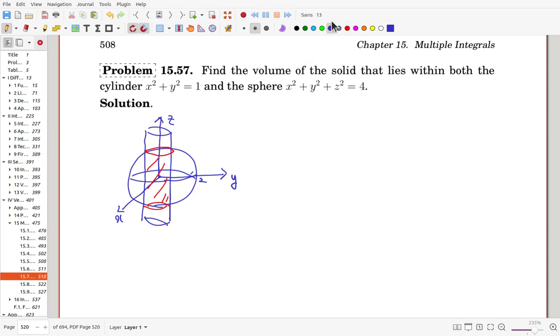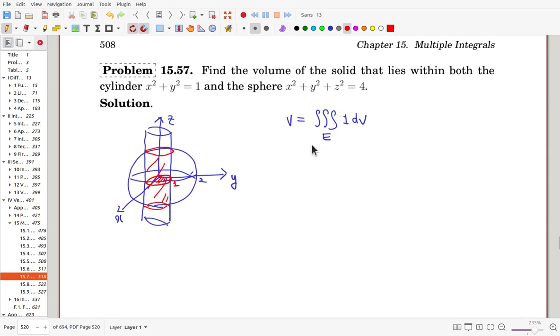For this one, the volume is the triple integral over E of 1 dV. In this case, E can be split into two parts: a two-dimensional region, and the orthogonal direction. So we can split E into a disk of radius 1, and then from bottom to top.